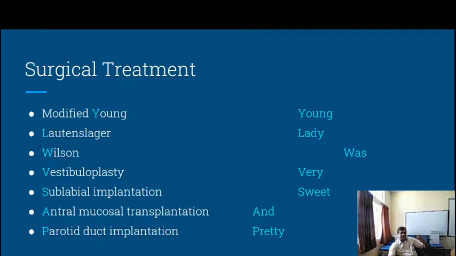So these are the surgical procedures. There is a small mnemonic by which you can remember these various surgical procedures.